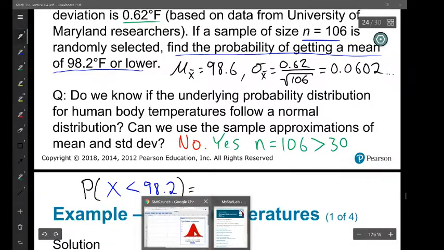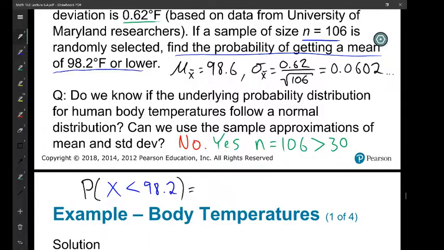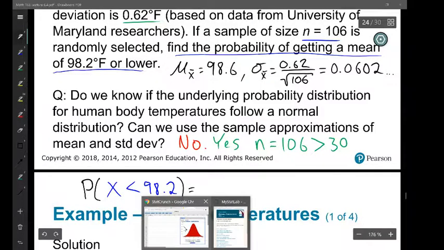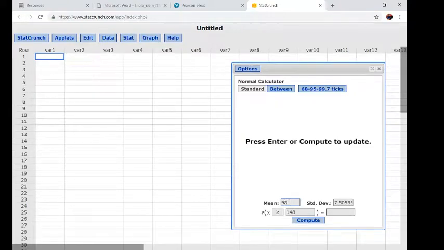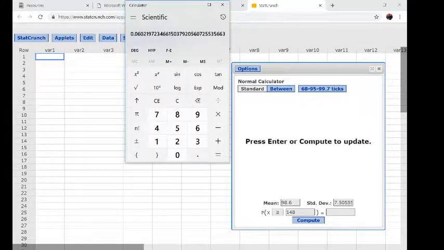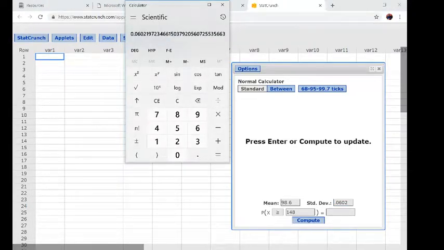Now we can go to StatCrunch and use our normal calculator. So 98.6 and 0.0602. I'll throw in some extra digits, 1972.